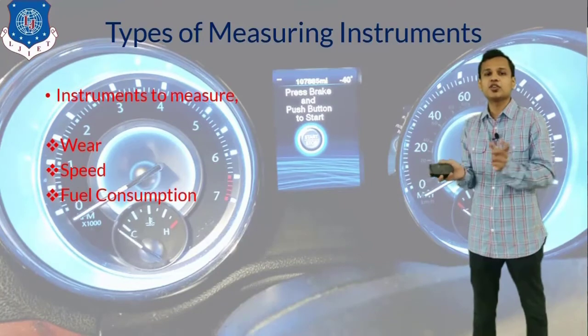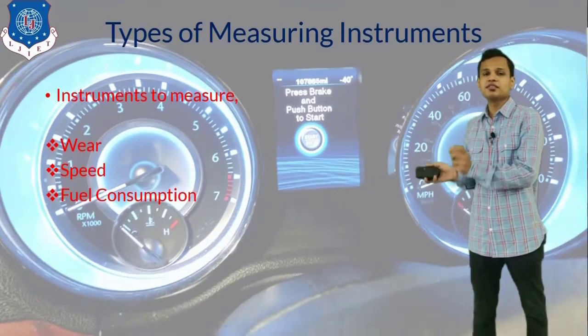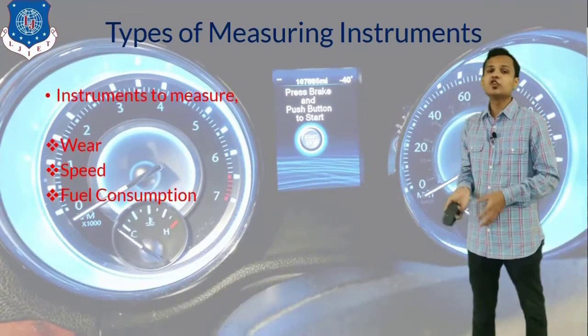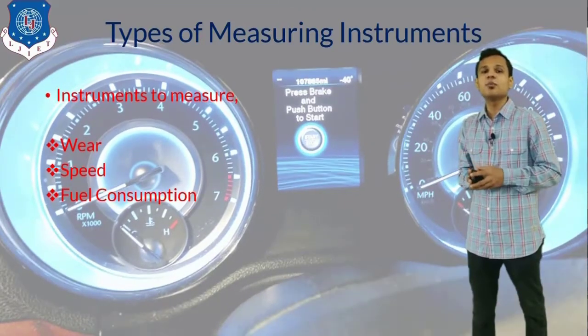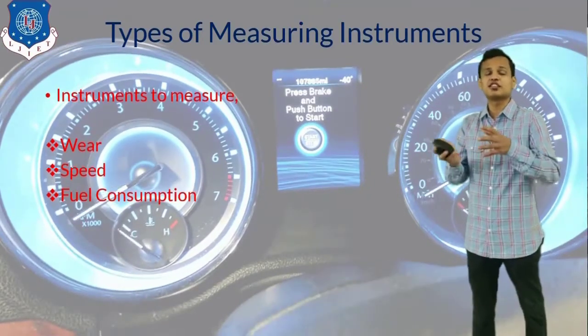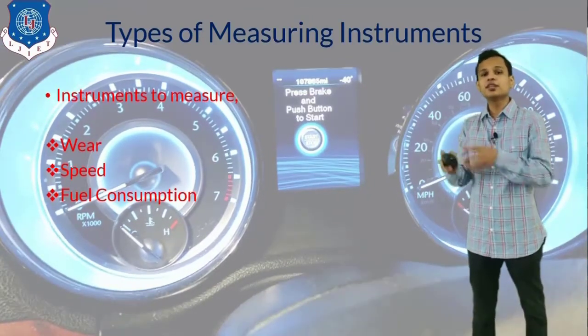We need to maintain that clearance so that the vehicle runs smoothly and there are no problems. So because of the wear of the different components of the vehicle, we need to measure the wear of certain components. The second thing is the speed of the different components, such as the speed of the engine and the speed of the wheels.